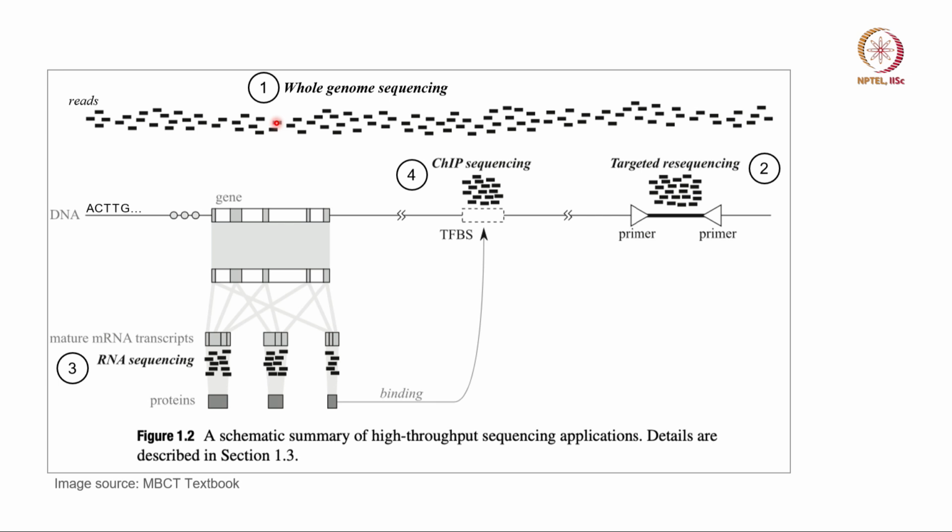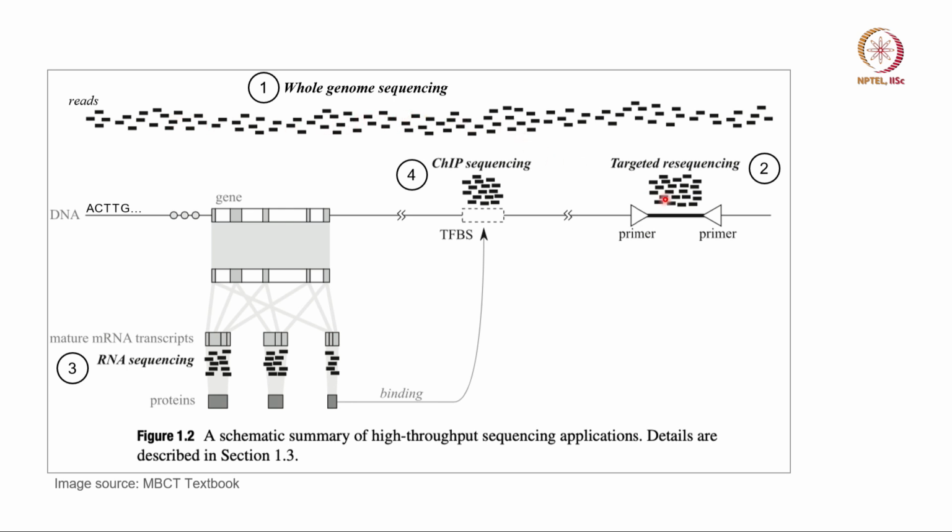Typically, the way whole genome sequencing works is that it will not read the entire genome sequence end to end. It will fragment the DNA, and then we will see the fragments of the DNA converted into strings, and the output of the sequencing instrument will be a large set of strings. So, these are represented as black line segments here.